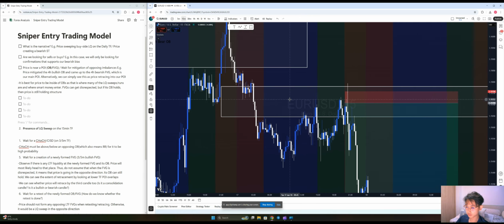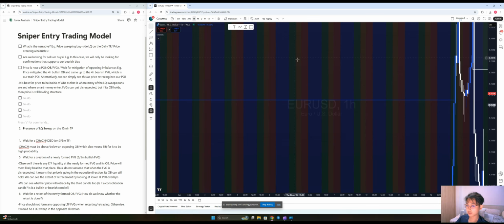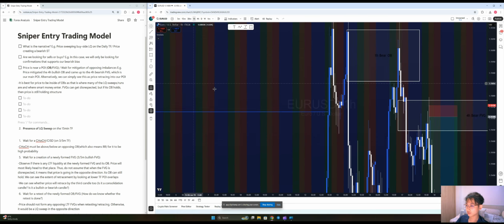So our point here is to identify any presence of liquidity sweeps. Here you can see that on the high time frame there's a liquidity sweep. On the low time frame we also have to find sweeps. So on the high time frame we look for sweeps and price tapping into the POI. This is considered medium time frame, right?